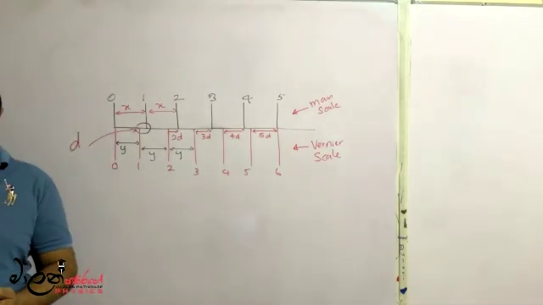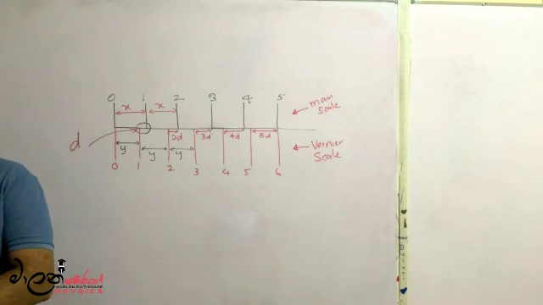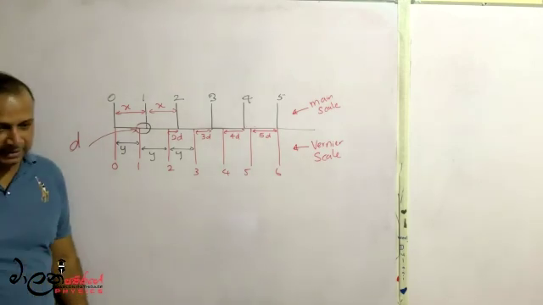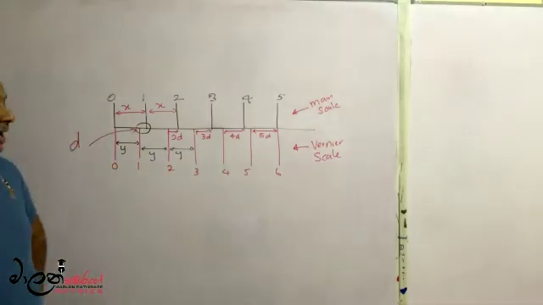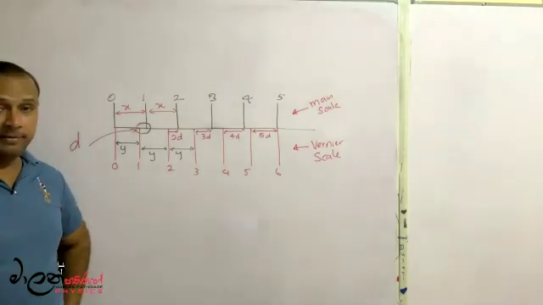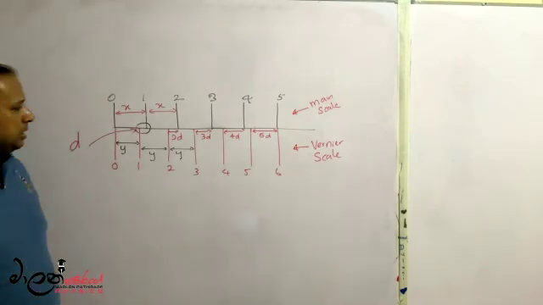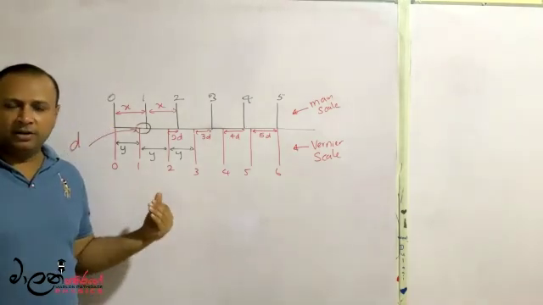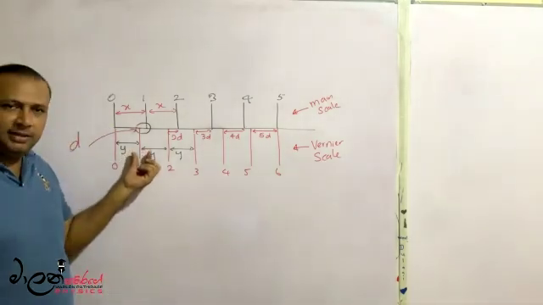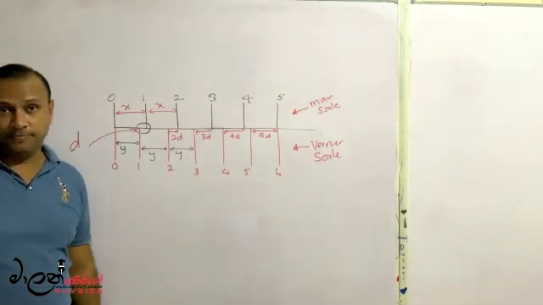Let's go to the unit. According to our argument, the least count is the minimum reading that can be taken using the measuring instrument.